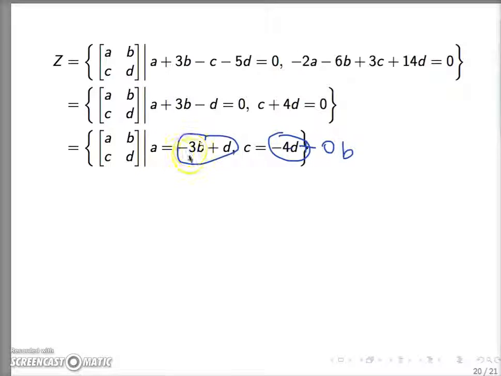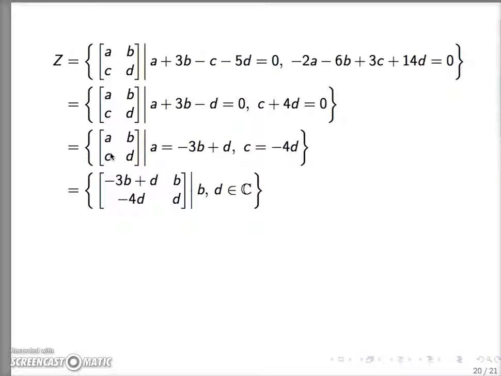Next we go into the entries of the matrix and replace A and C. A is minus 3B plus D, so here's that expression for A, and C is minus 4D, and now we write that B and D are any given values in the complex plane.